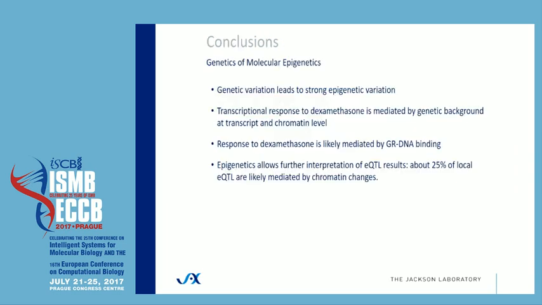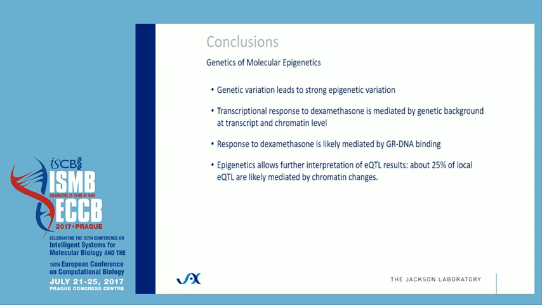Okay, so to summarize, we surveyed what we get if we think about how genetics affects these molecular epigenetic marks. We see that genetic variation, not surprisingly, leads to strong epigenetic variation that's correlated with transcript variation. The transcriptional response to dexamethasone is really mediated by the background. So when you have different genetic backgrounds, you get very different transcript and chromatin patterns, and they match generally.